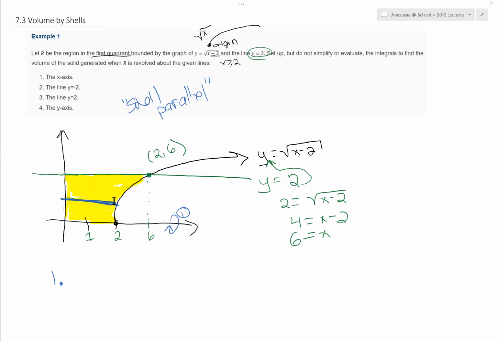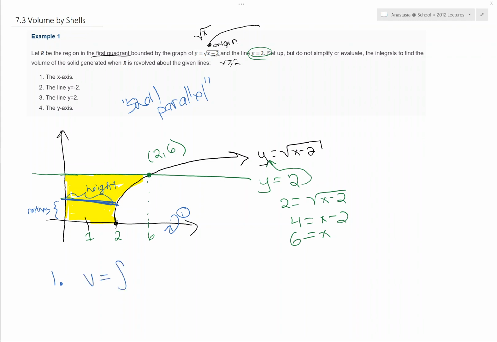We need to find, first off, our radius, which is the distance between our indicative shell here and the axis of revolution. And then we also need the shell height. We also need bounds of integration, but we'll get to that in a minute.